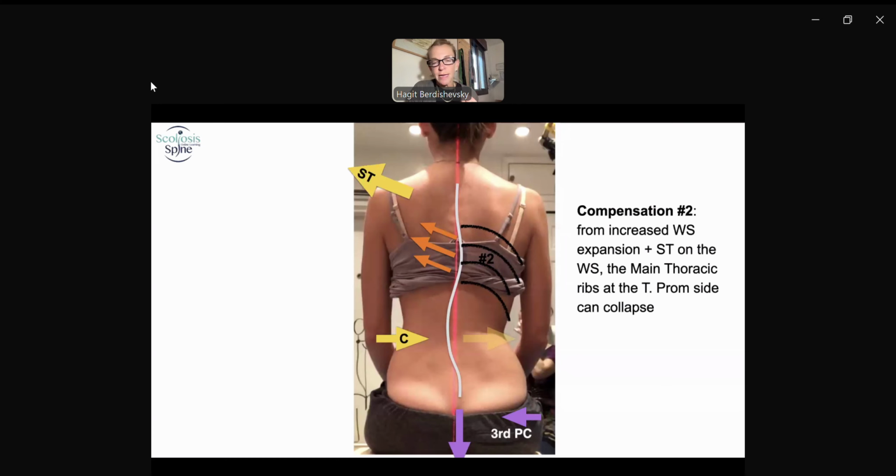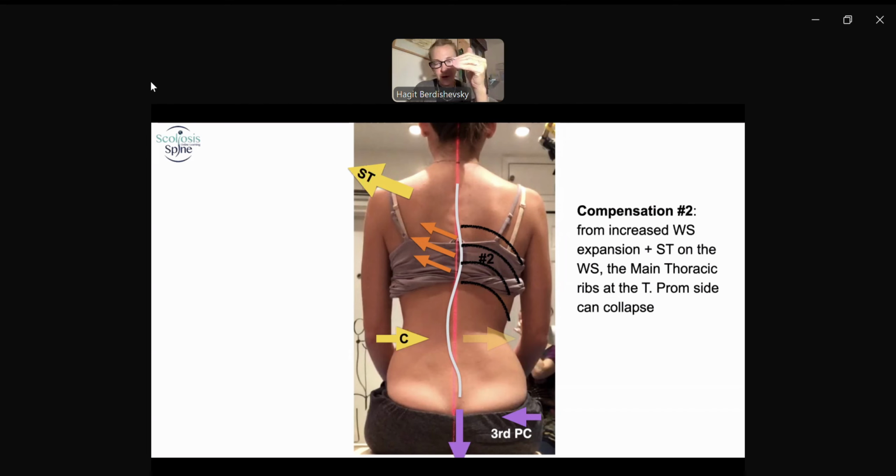If the patient is going to do too much correction of the thoracic from right to left, with this shoulder traction on the left side, we can see the same compensation in the thoracic region we saw.